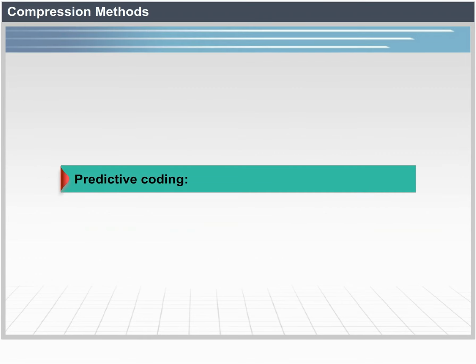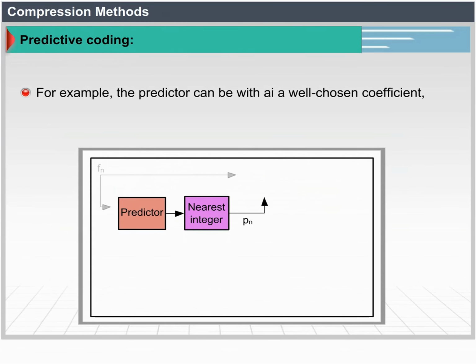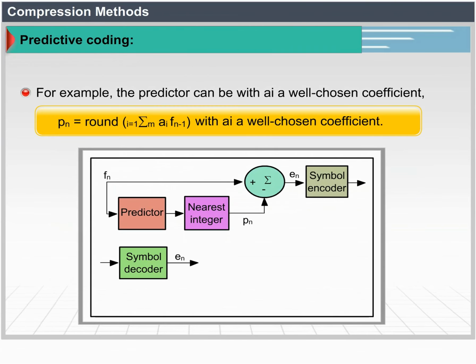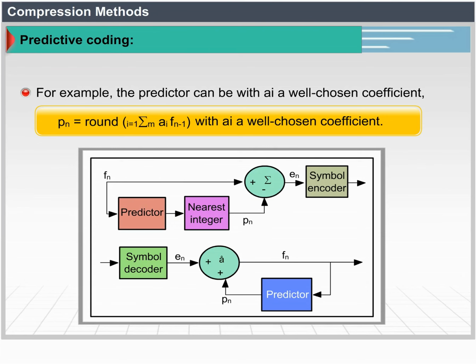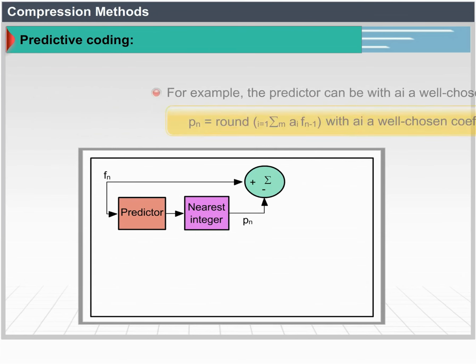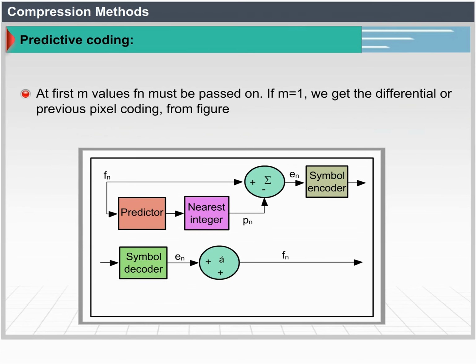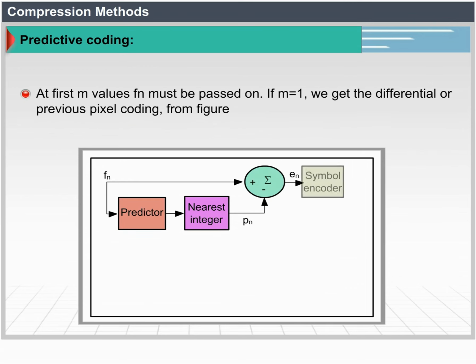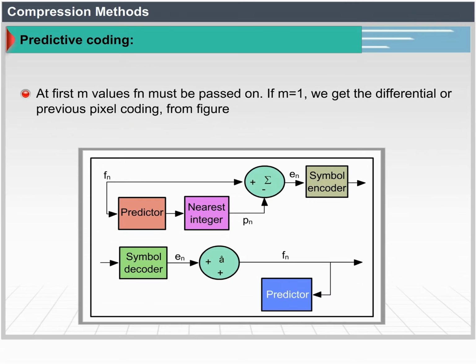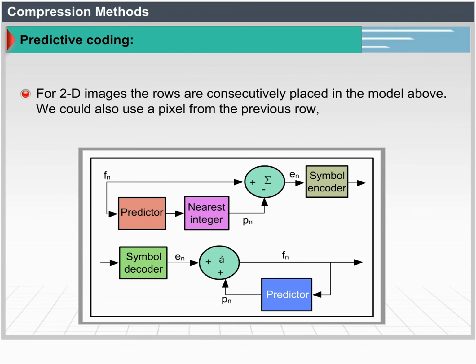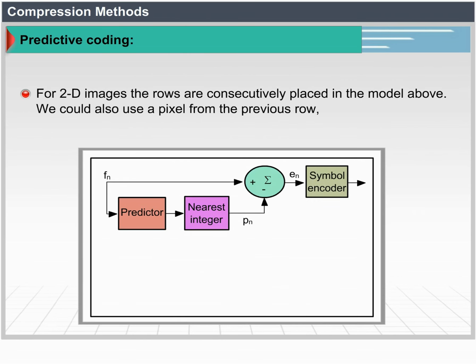Predictive coding. For example, the predictor can be defined as shown, and the related block diagram is also seen. For the first m values, f(n) must be passed on. If m equals 1, we get differential or previous pixel coding, as seen from the figure. For 2D images, the rows are consecutively placed in the model above.